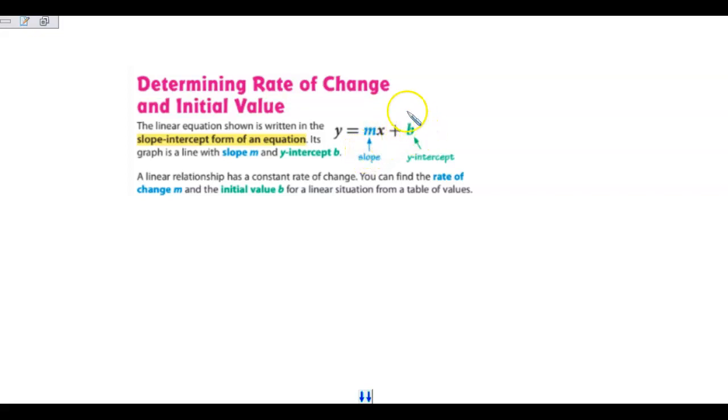And then the b is your y-intercept. These can also be talked about as the m being the rate of change and the b being your initial value. This is where it starts, okay? So you'll notice that it's the same equation, but they can have two different meanings.